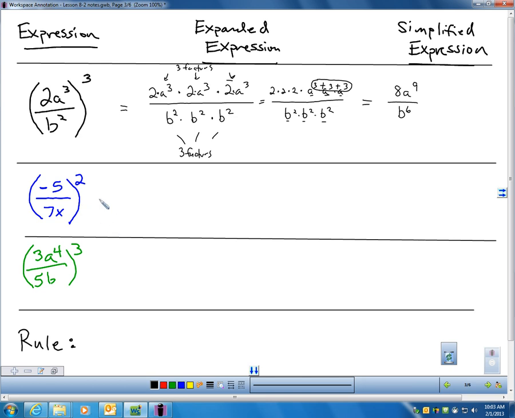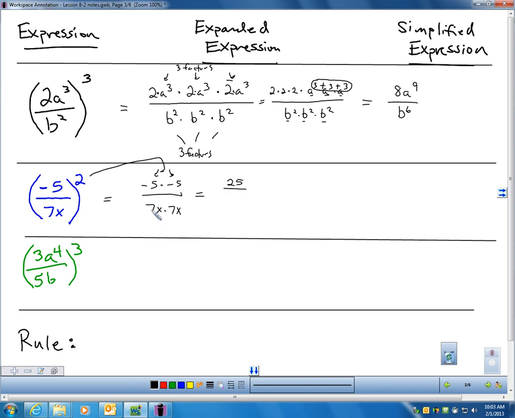Let's try this one. I have negative 5 over 7x, to the second power. Well, that means I have negative 5 times negative 5 in the numerator, two factors, right? And I have 7x times 7x in the denominator. Negative 5 times negative 5 is 25.